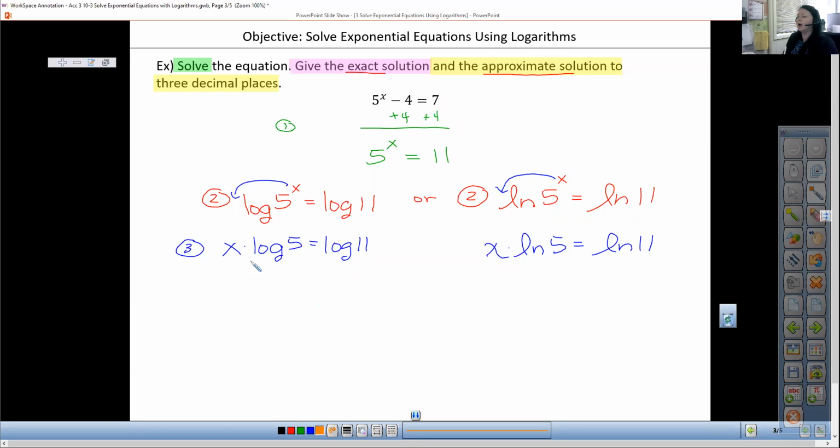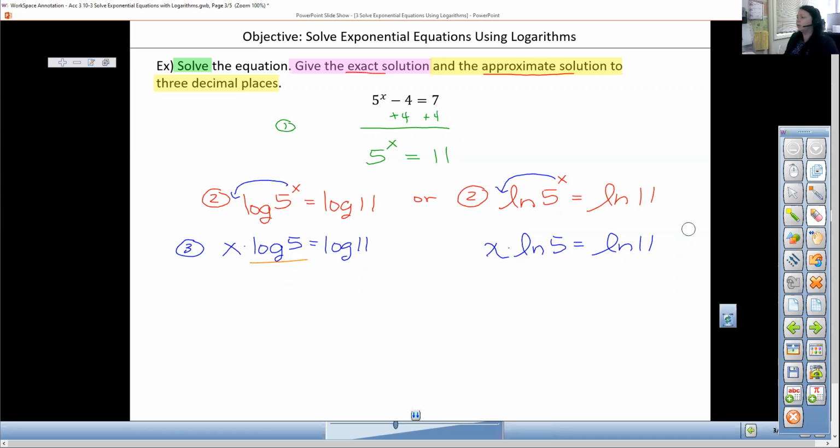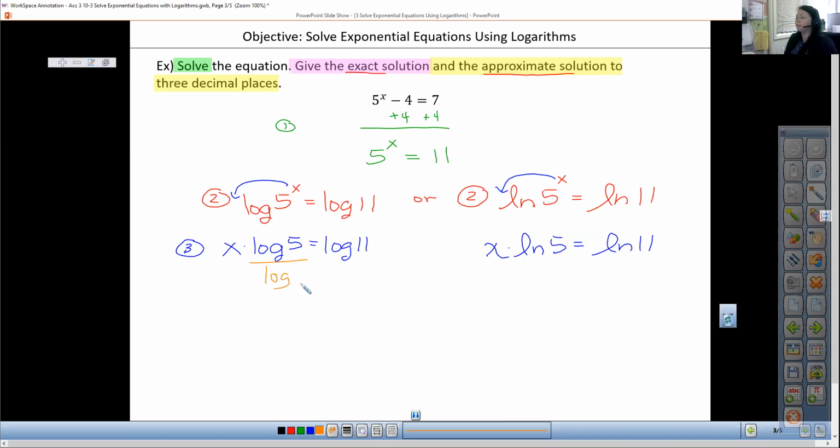So it's not like I can divide by 5 by itself, because the 5 is the argument. I also cannot divide by log by itself. That has no meaning whatsoever, because it doesn't also have an argument. A logarithm means nothing without its argument. So I am undoing this multiplication by dividing by the log of 5.